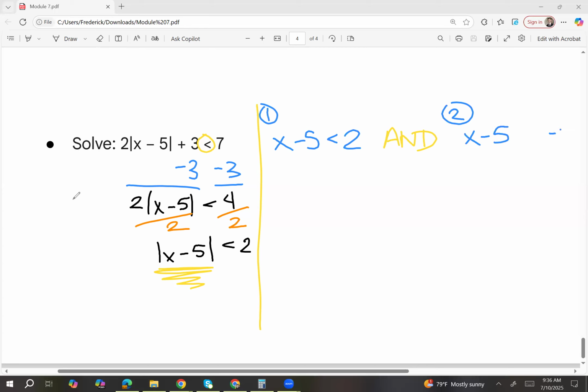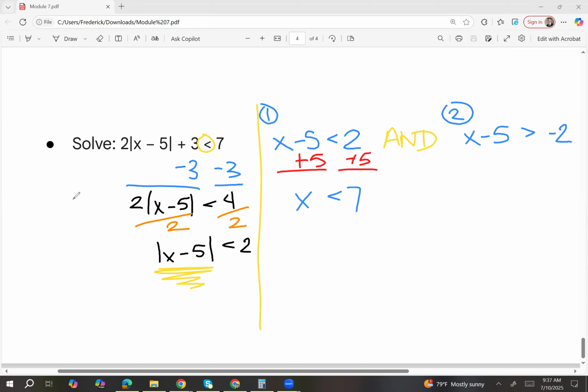To introduce a -2 here, I need to flip my sign when I'm introducing the negative and setting up my 2 forms. Now solve. We have a 5 that's subtracted on the left that should be joined with this 2 on the right. Adding 5 to both sides will eliminate it on the left, leaving us with x less than 7.